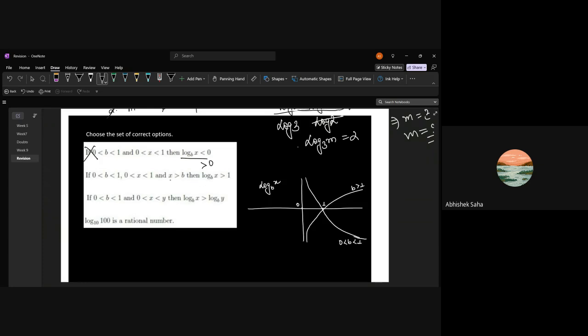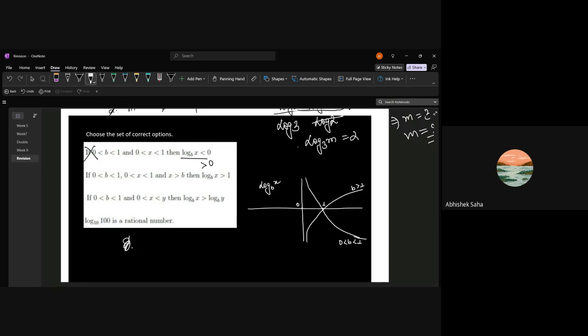In the same question, another expression is given: if b is between 0 and 1 and x is also between 0 and 1, and if x is greater than b, then log base b of x is greater than 1. Is it correct or not? Let's take an example and solve it.